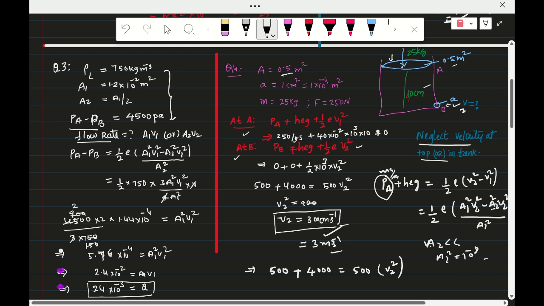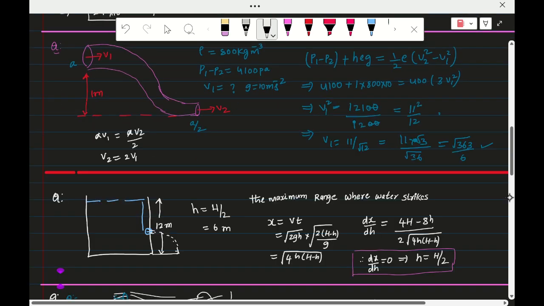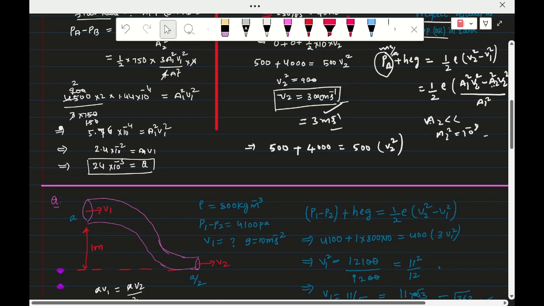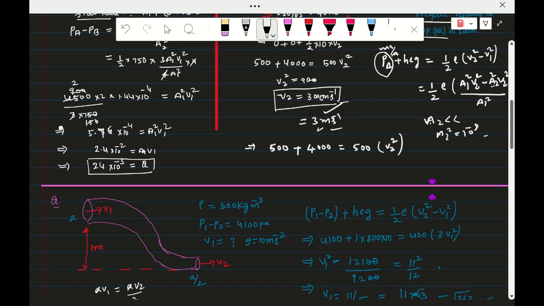It will not affect anything, which is why I go with A2 square V2 square neglected. Then I got the same answer, 500 into V2 square, so V2 is equal to 3 meter second inverse. Hope you understand? If A2 is not very small, then there is a difference in the answer. Otherwise, nothing.